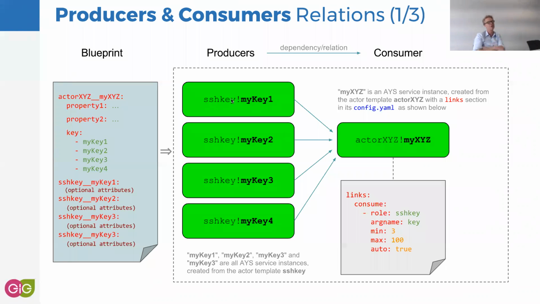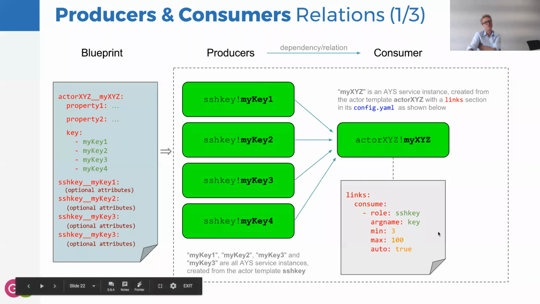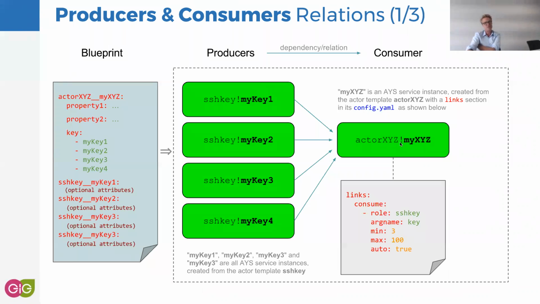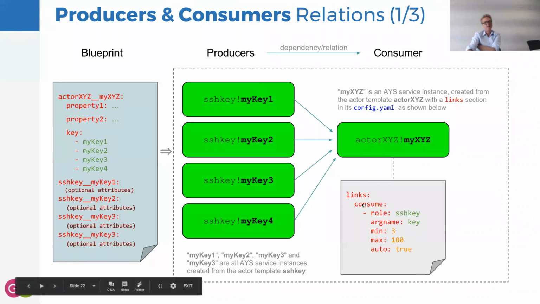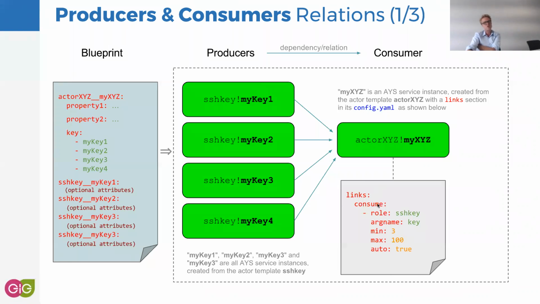with this name. Now, what is so specific about this thing here is that by definition, in the configuration of the myxyz service that is based on this template, and the config file of this template is what you see here below, it is saying, you know what, this service consumes, this is a relationship definition, at least 3 and maximum 100 services of this type, and it's automatic.